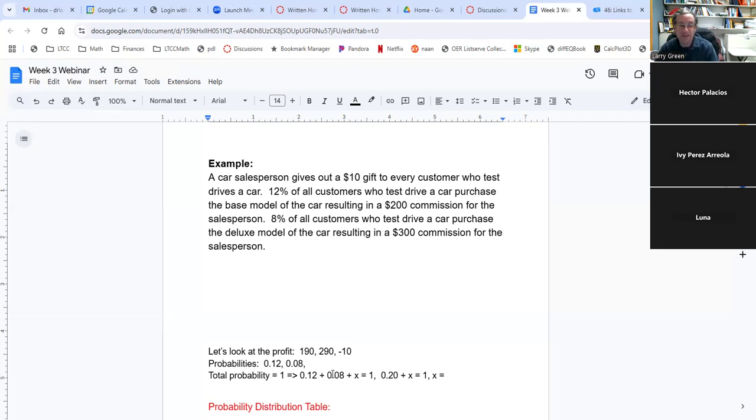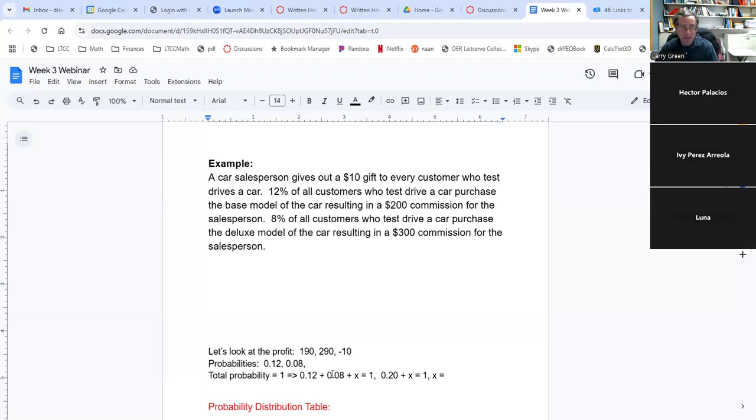What's X in this case? In the chat box, what would X be? If 0.20 plus X equals 1, what's X? A little bit of math, nothing too severe though.